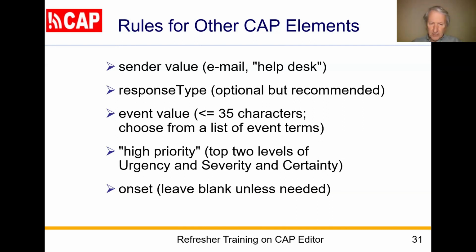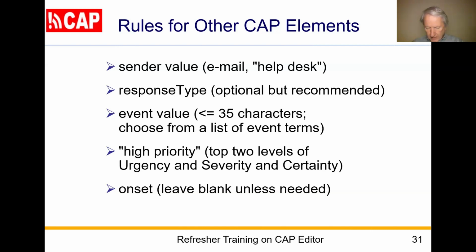Now, there is a convention among CAP implementers that a high priority CAP alert has urgency and severity and certainty, all three in the top 2 levels. And that means, in English, people need to act within 1 hour. That's high urgency, 1 hour.